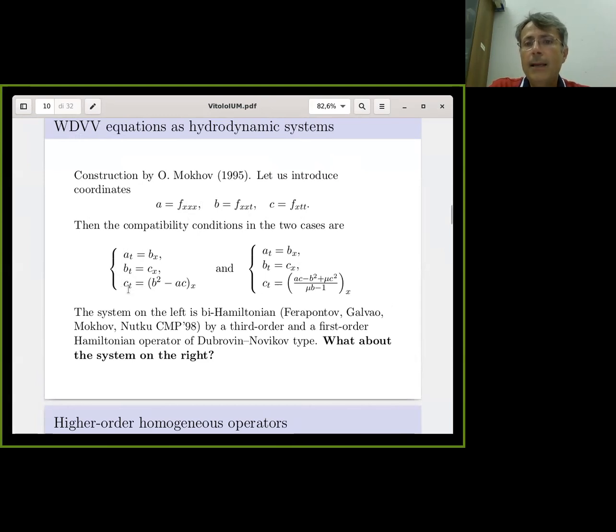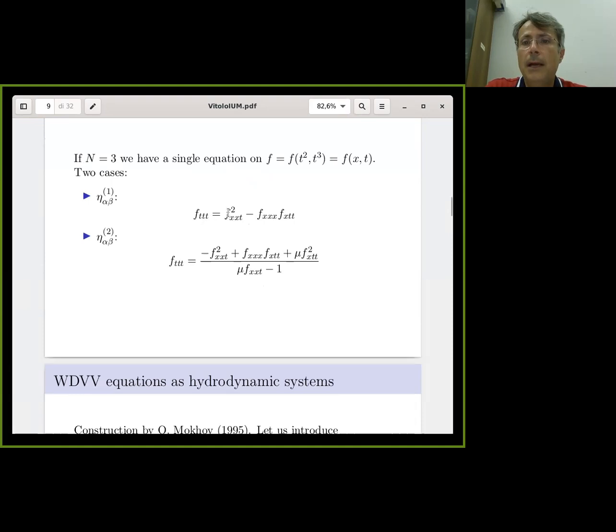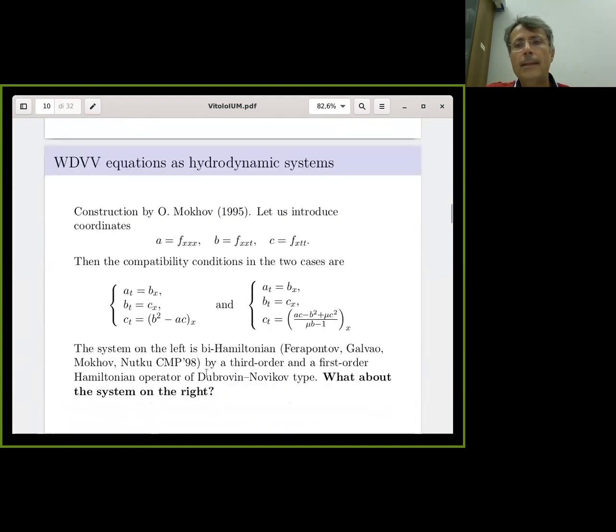And then finally you have CT equals, okay, you need the equation here, because you would have F third derivative with respect to t and derivative with respect to x, but then you replace F third derivative with respect to t with the equation, which is here, and this is just the letter b squared, and this is letter a and letter c. So b squared minus ac.